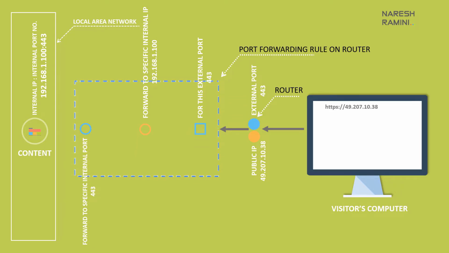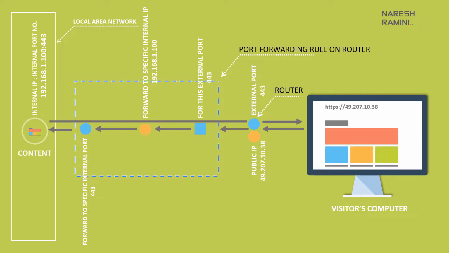The defined port forwarding rule tells the router to forward any request that comes in with port number 443 to a specific internal IP and to a specific internal port. And the server on that specific internal IP listening to that specific internal port delivers the content back to the visitor as a response. Here in our case, the content being served by the server is the website.